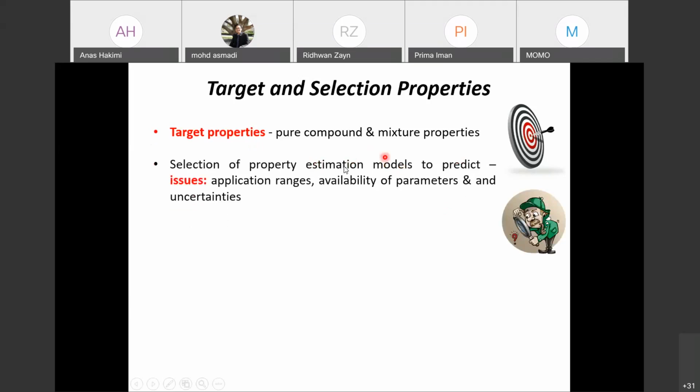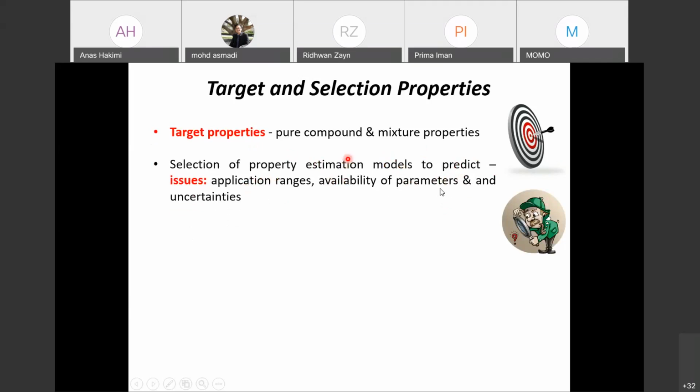So for the selection of property models, there are some issues that arise in the prediction of the model. For example, the application range of the selected models, as well as availability of the model parameters.